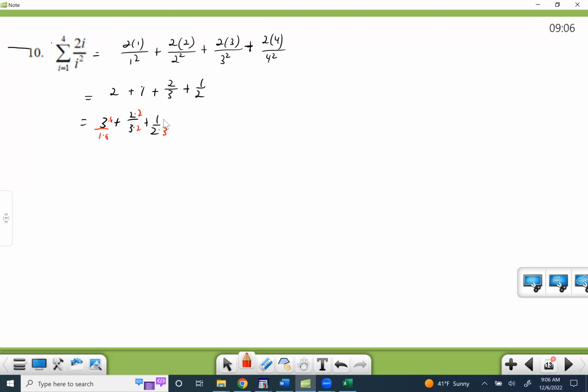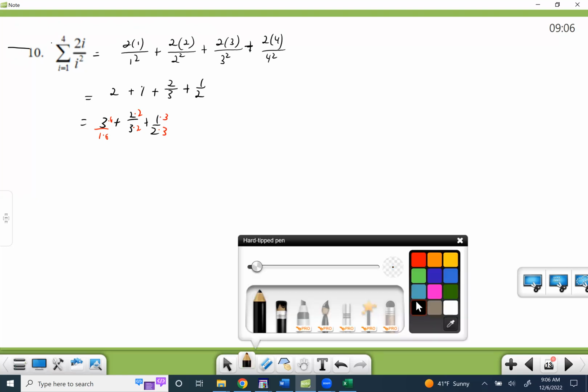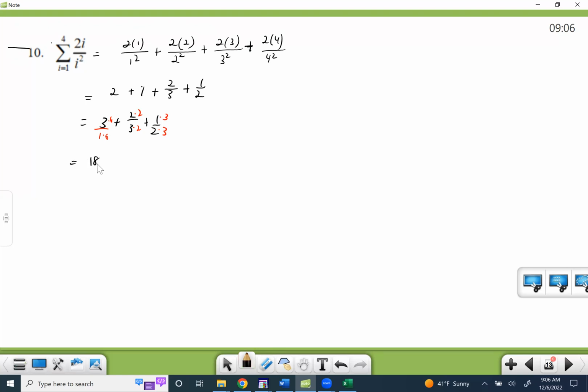To turn this into a 6, I would need a 3. So I have 18/6 plus 4/6 plus 3/6. So that's going to be 22, 23, 24, 25/6, I think. Hopefully those of you that do it with the calculator can verify that that's right.